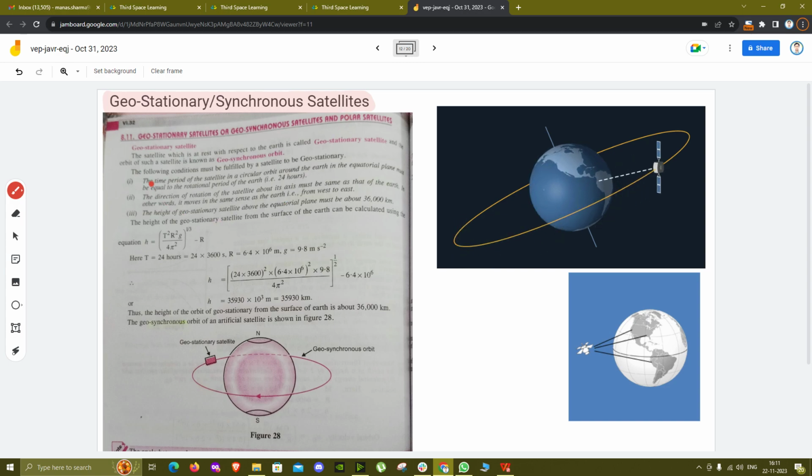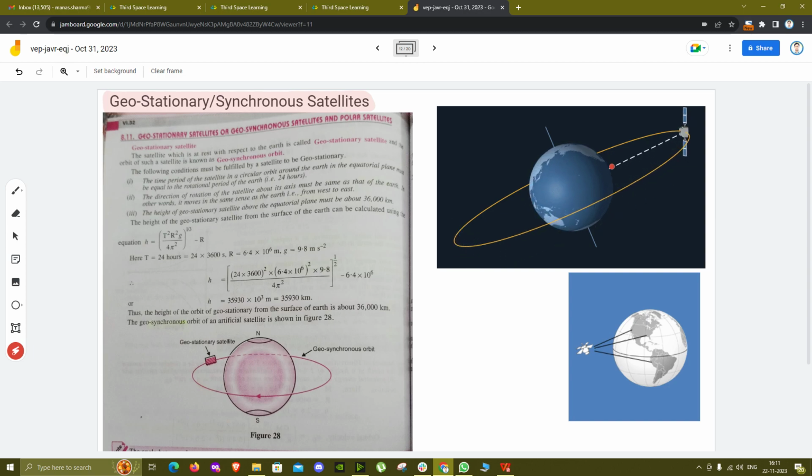So as you can see in this picture here, a satellite is revolving around the earth in such a way that the satellite seems to be at rest. Let's say the continent they have taken here in the picture is Africa. There's, I would say, South America.